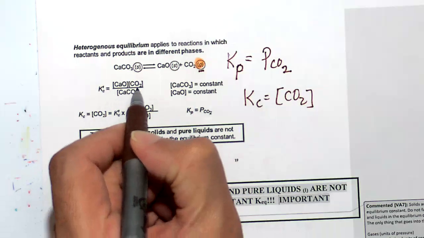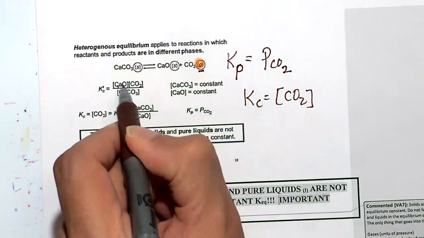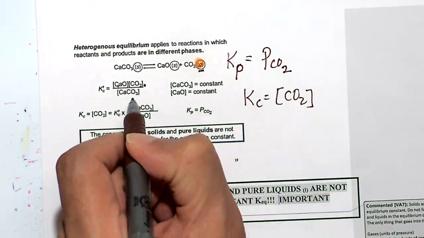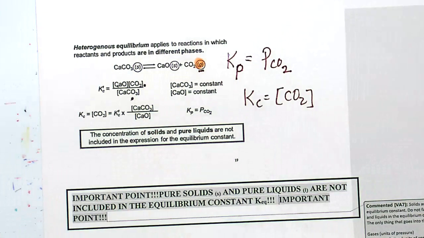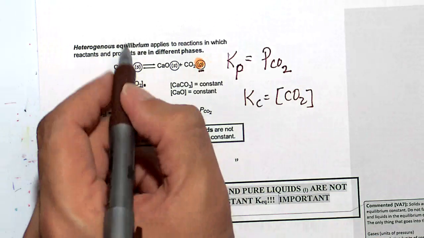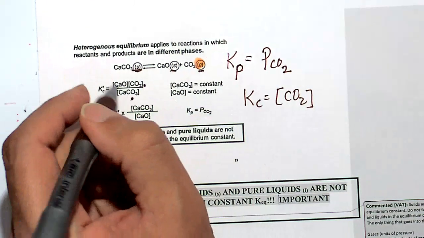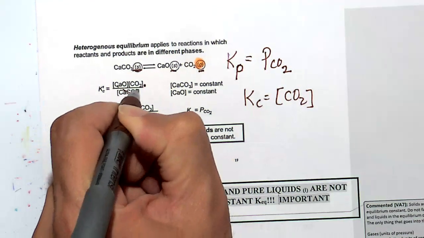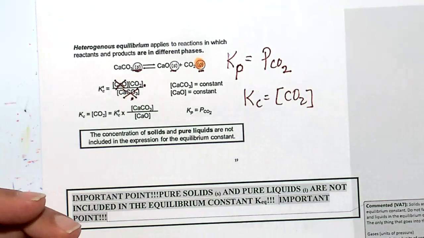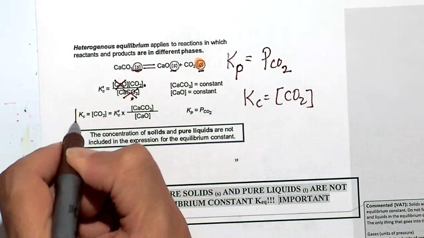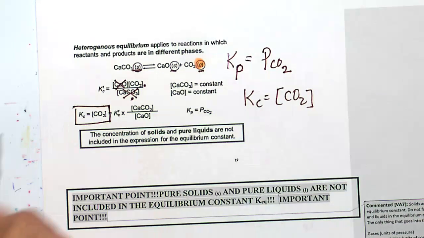Why did I not do this? Concentration of CaO times CO2 divided by CaCO3. Why is this wrong? Right, very good, solids. So solids don't go in there. That doesn't go, that doesn't go. So finally, this is what you get. No solids, no liquids.